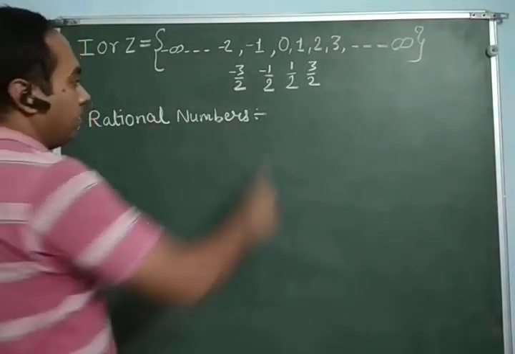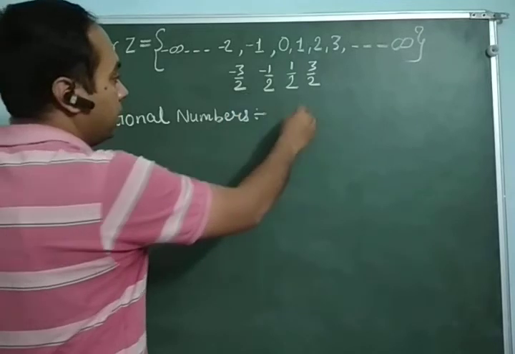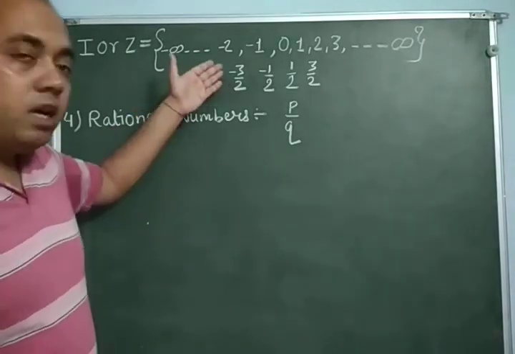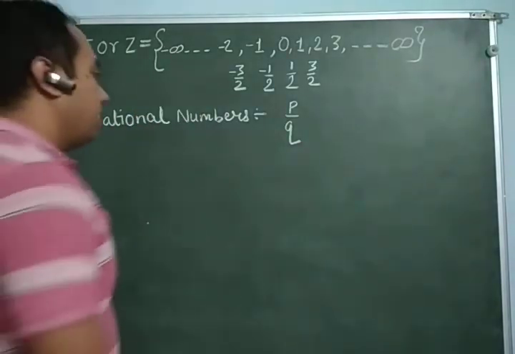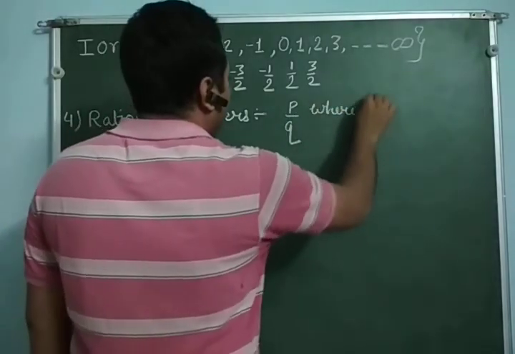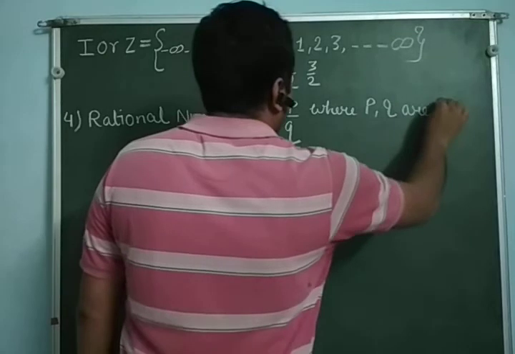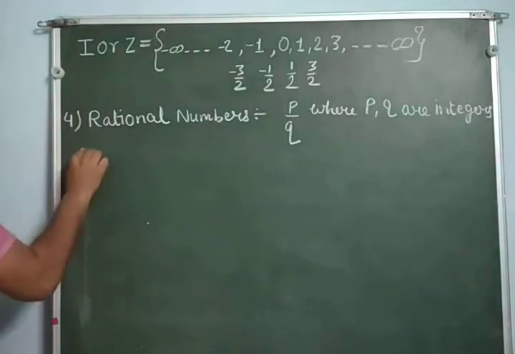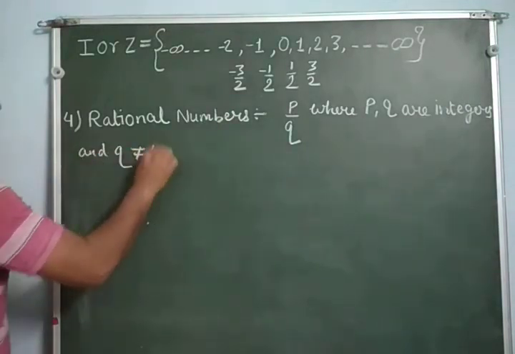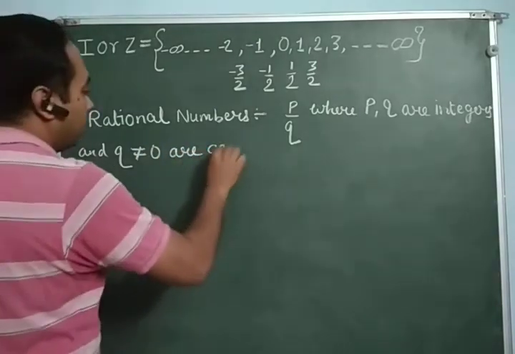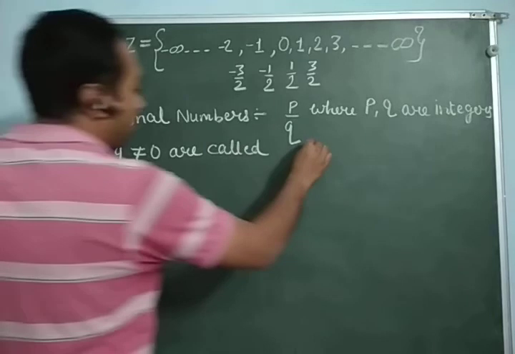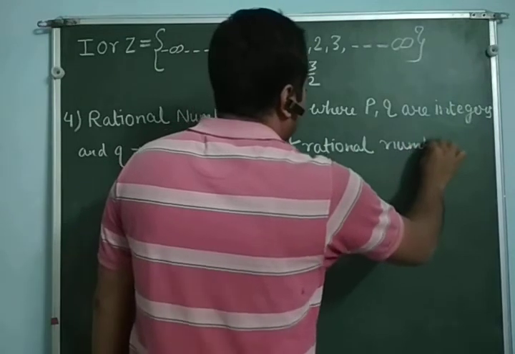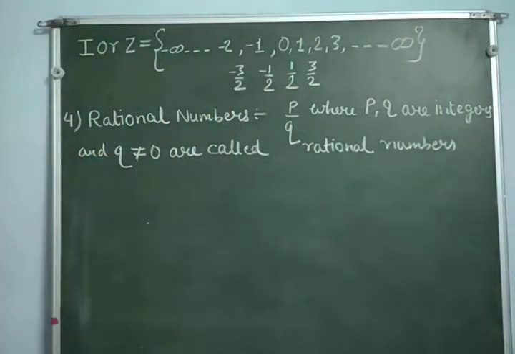The definition is like this: any number which can be expressed in the form of P/Q, where P, Q are integers and Q is not equal to 0, is called a rational number.